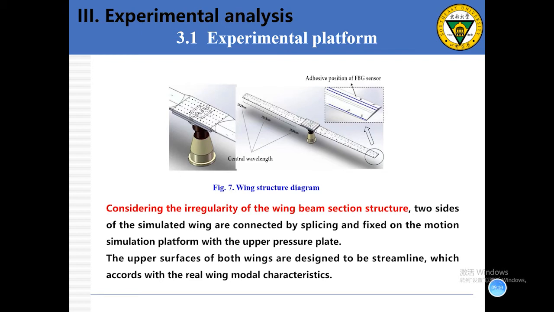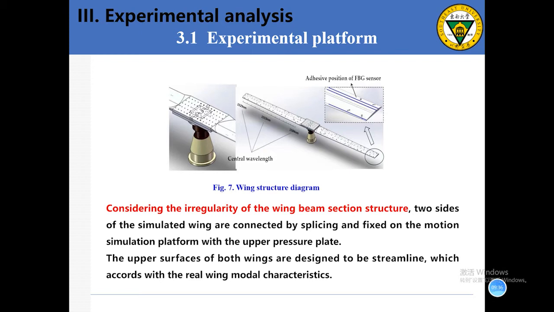The upper surface of both wings are designed to be streamlined, which accords with the rear wing model characteristics.